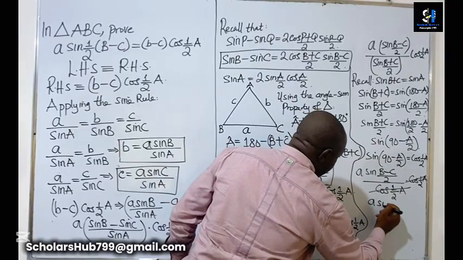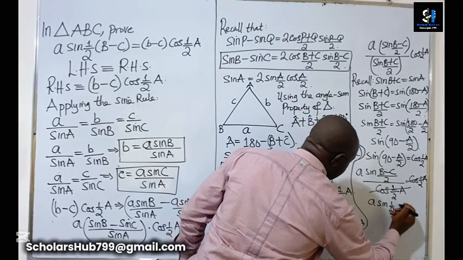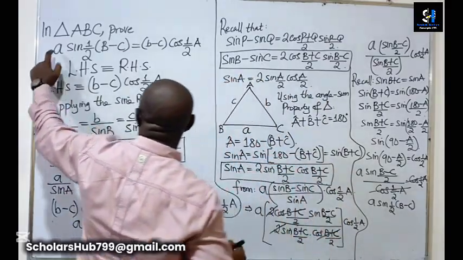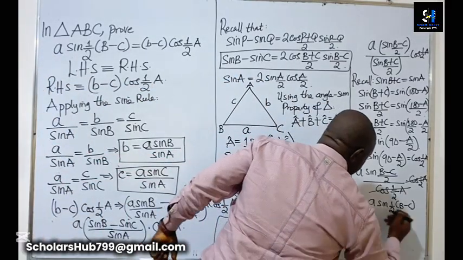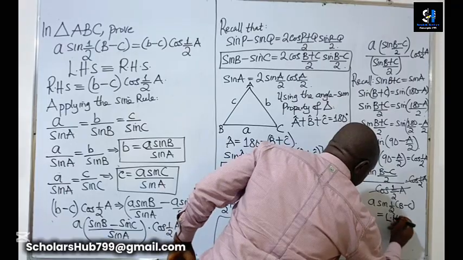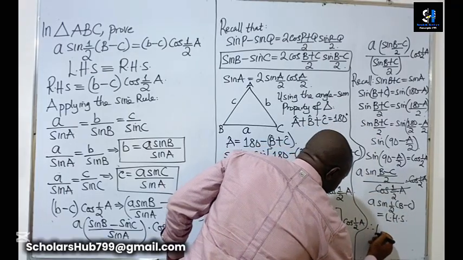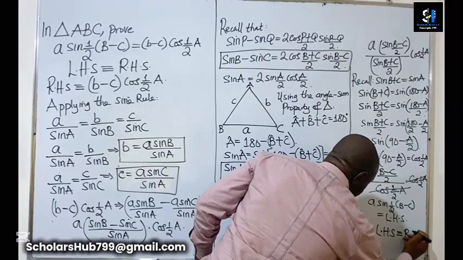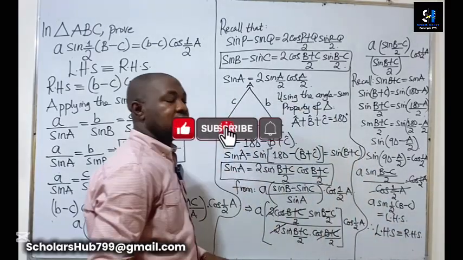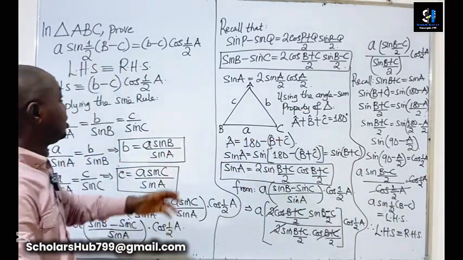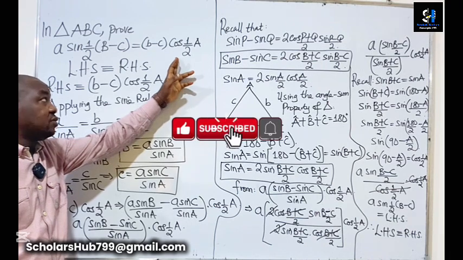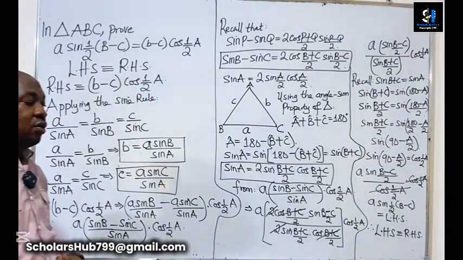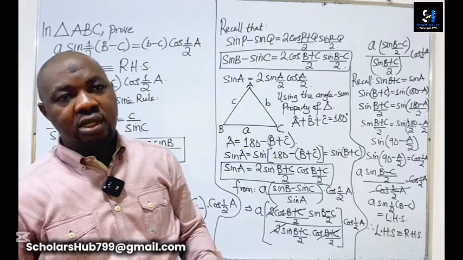Then we now have sine 1/2 of (B minus C), and this is equal to the left hand side. Therefore, the left hand side is equivalent to the right hand side. We just showed that the right hand side can be used to derive the identity on the left hand side.